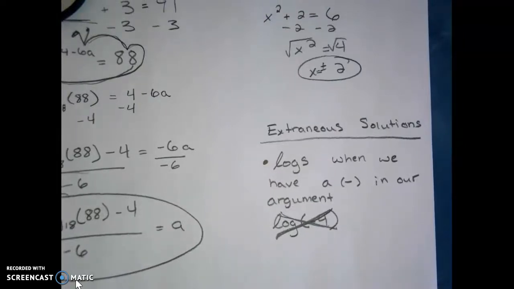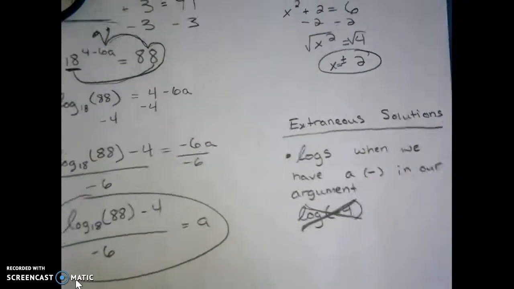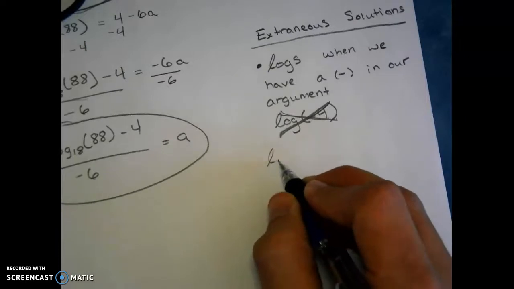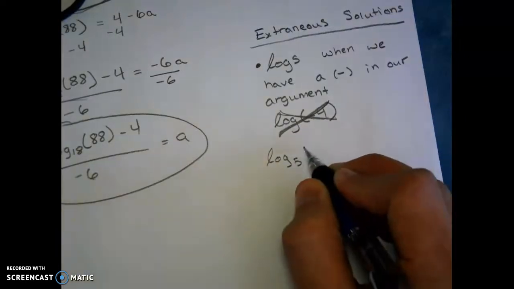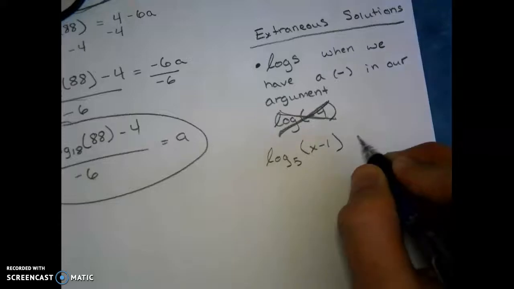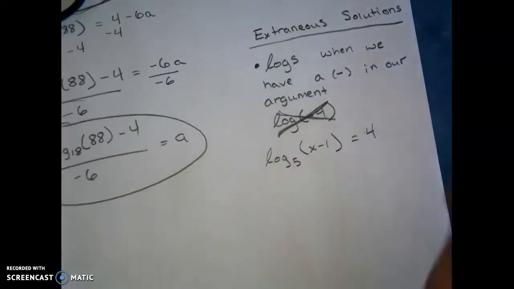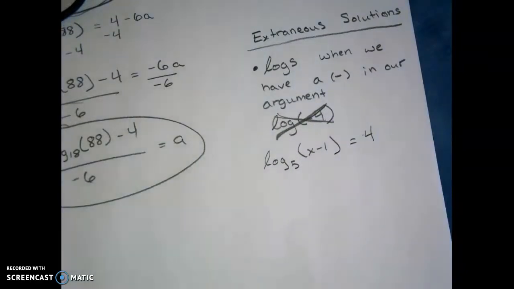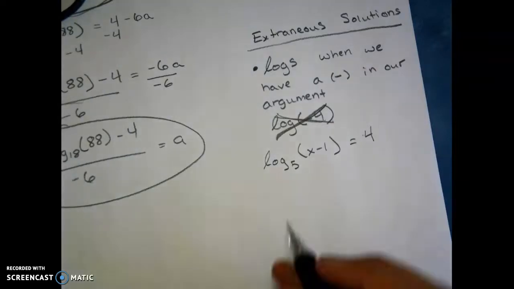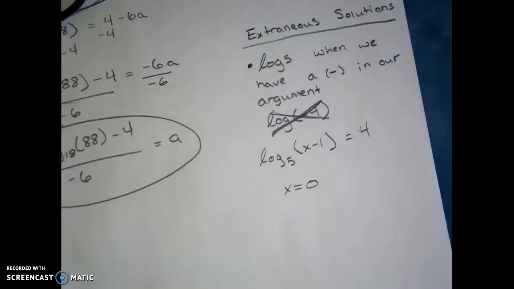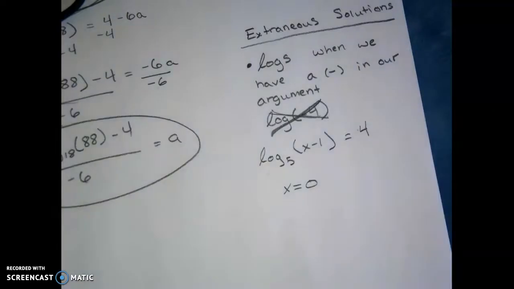Okay, so the way we check this is, let's start with a problem. Okay, so say we just had something like this is equal to 4, okay? So this is an example. We're not going to solve this one, but we're going to talk about what would be an extraneous solution for this one, okay? So let's say we got the answer as x equal to 0. I don't know if that's the right solution for this problem, but we're just going to say what if.